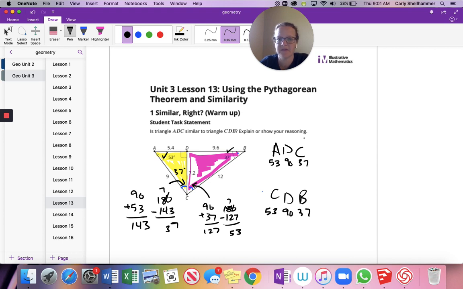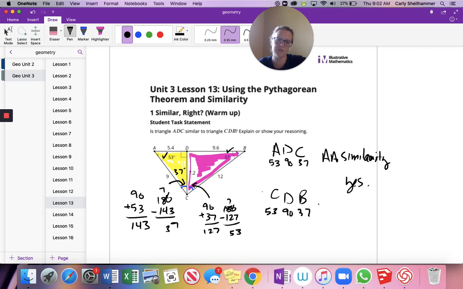So it says, are they similar? Well, I have angle similarity. So yes, they are similar. I had to do the subtraction to make sure, but once I do the subtraction, I didn't have to do it again if you notice that all the numbers are the same. But yes, they are similar.